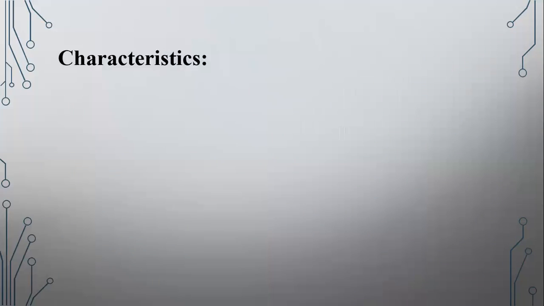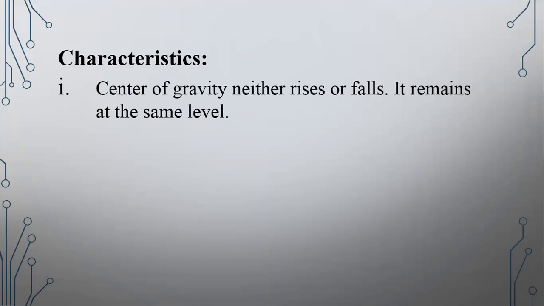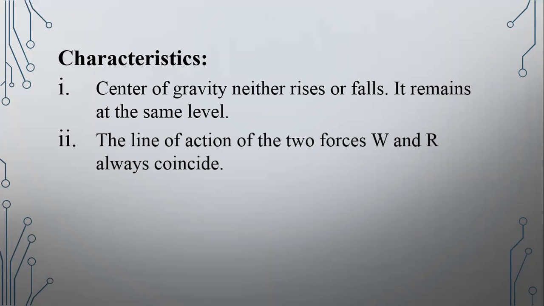And these are the characteristics of neutral equilibrium. Number one, center of gravity neither rises nor falls, it remains at the same level. Number two, the line of action of the two forces, weight and normal reaction force, always coincide. ये हमेशा एक दूसरे के आमने सामने रहेंगी, weight और normal reaction force.